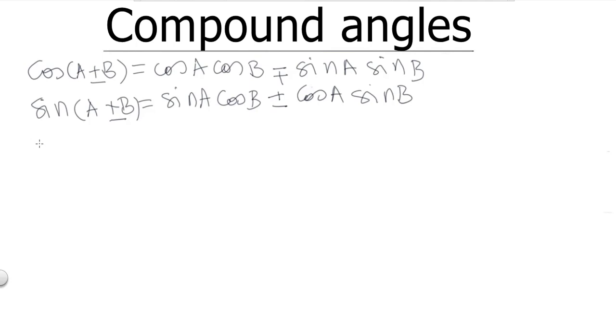Now, what is important also to know about the compound angle is when you look at a quadrant, okay? Let's start from what we call quadrant. Remember, in the first quadrant, we have 90 plus.